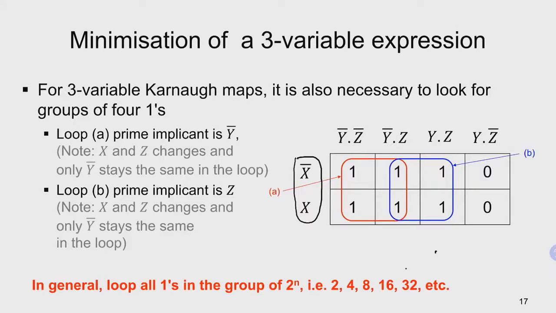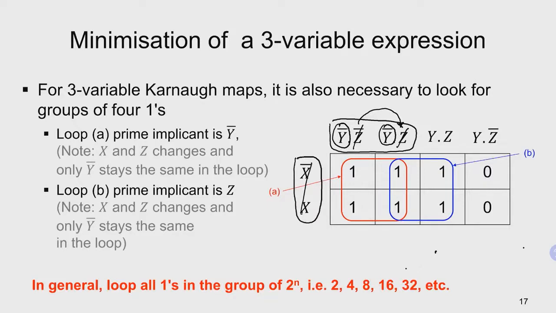You can see that within that loop, X changes from X bar to X, and Y bar stays the same, and then Z bar changes to Z. And therefore we can eliminate X, we can eliminate Z. Therefore, only Y bar remains constant in this loop.